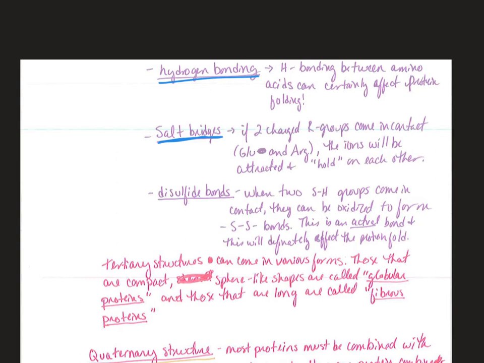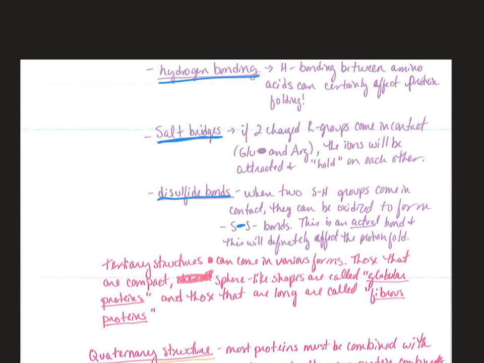And so you have an actual ionic bond that holds things together. Now, the final thing would be a disulfide bond. So this is when two SH groups come together. And remember how we talked about disulfide bonds earlier? They make an actual bond. So that's an actual bond. This thing is really strong, okay?